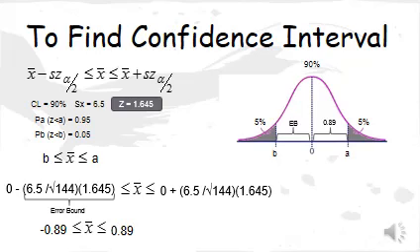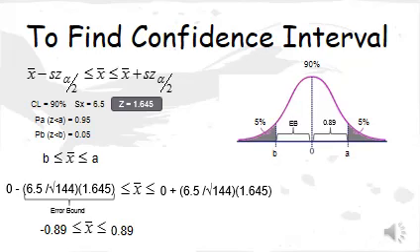The right side of the mean will have 0 plus 6.5 divided by square root 144 multiplied by 1.645.